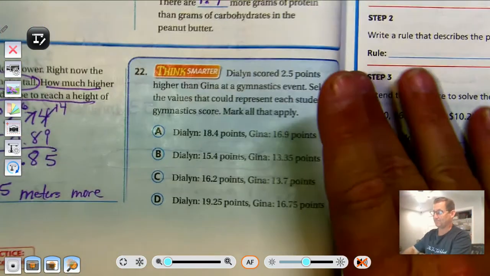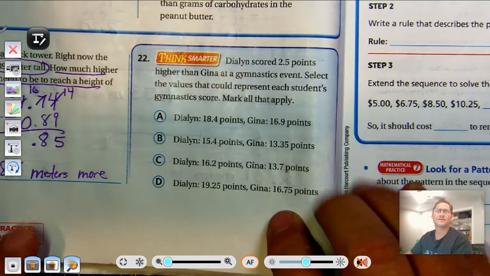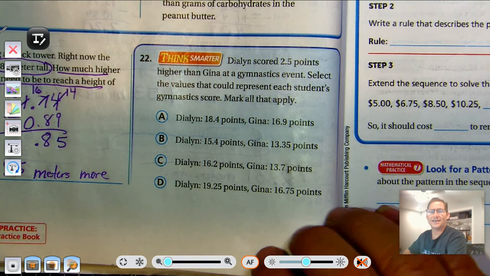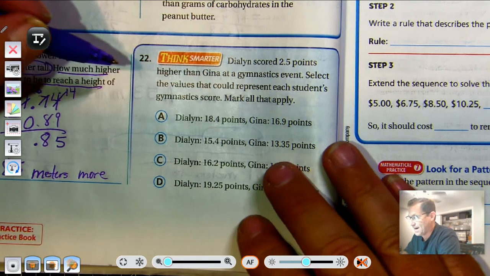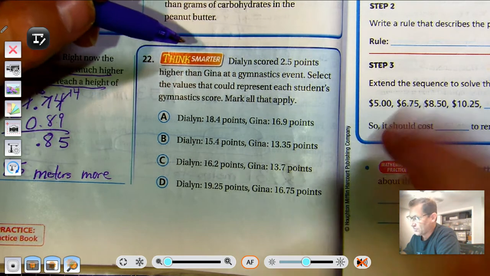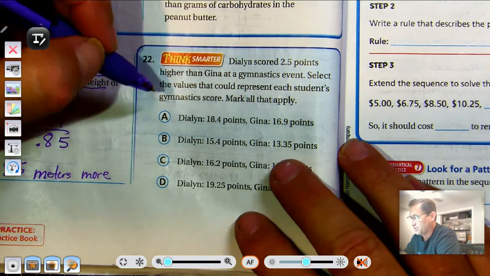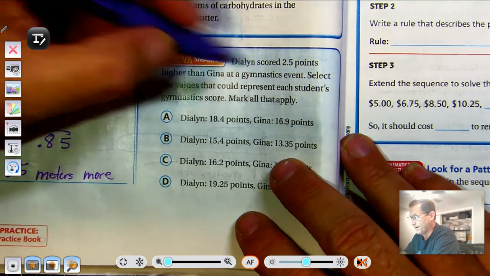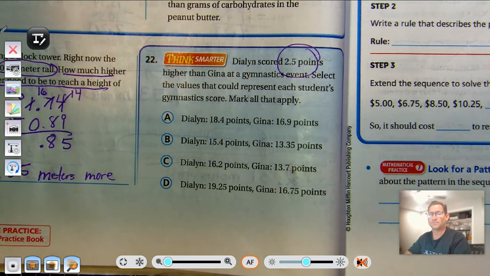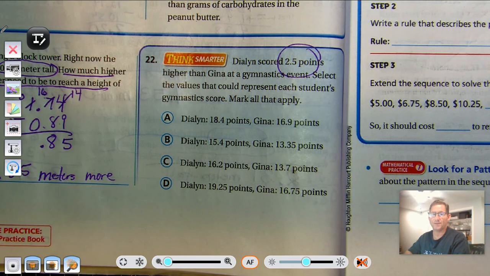And 22. Dialyn scored 2.5 points higher than Gina at a gymnastics event. Select the values that could represent each student's gymnastics score. Mark all that apply. So basically, we want a difference of 2.5 points, or 2 5/10 points.